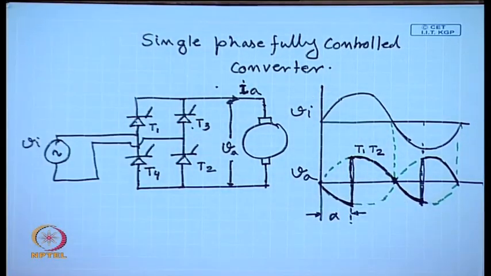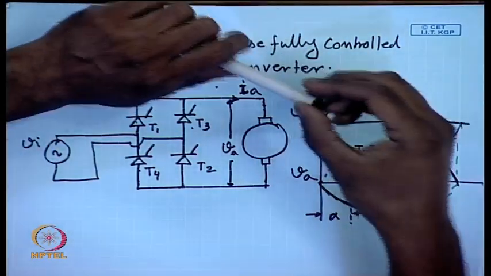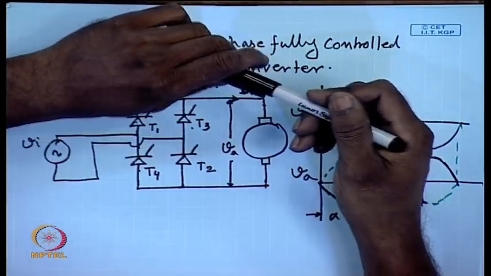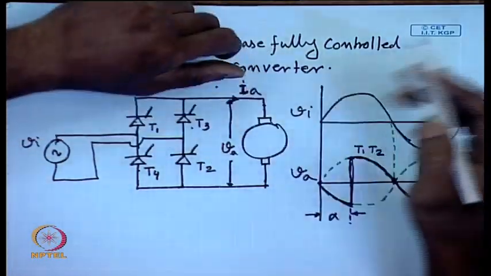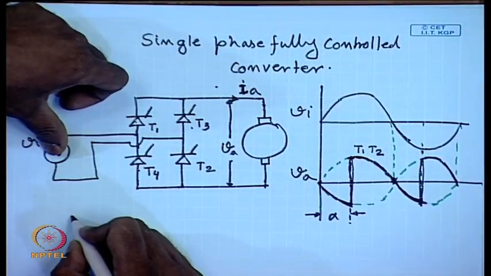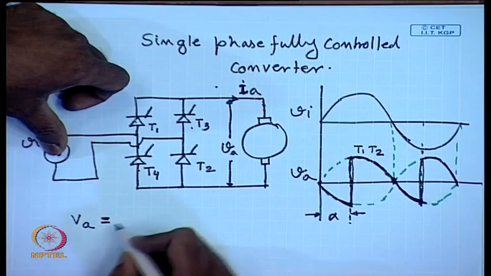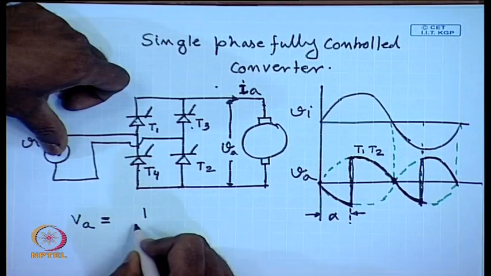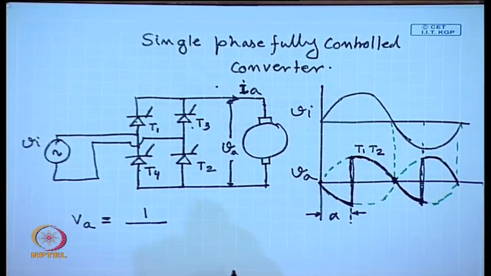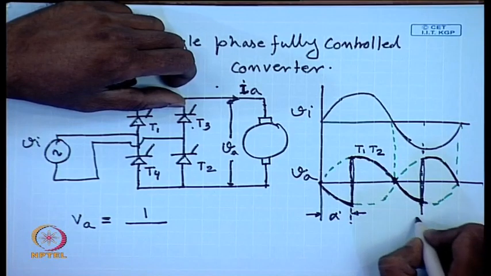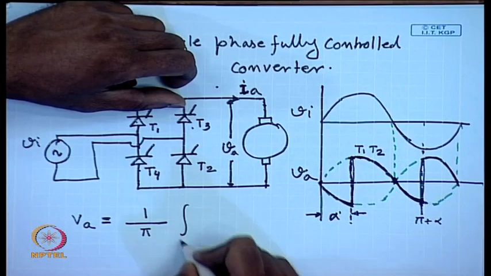As we have seen, the speed of the DC machine depends on the average armature voltage. So, it will be imperative to find out what is the average armature voltage here. V A equal to 1 by, since it is symmetric over one cycle, it will be sufficient to integrate over 1/2 cycle.